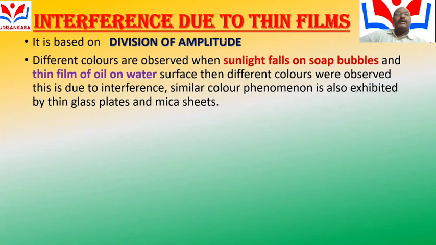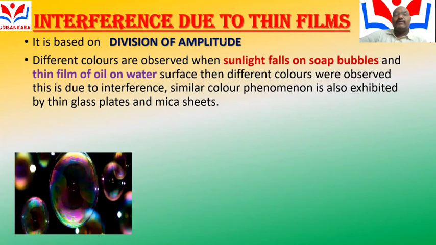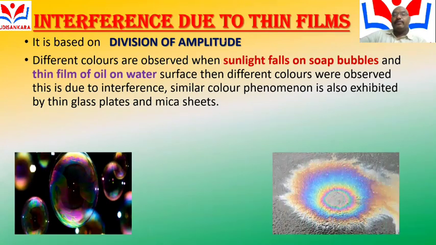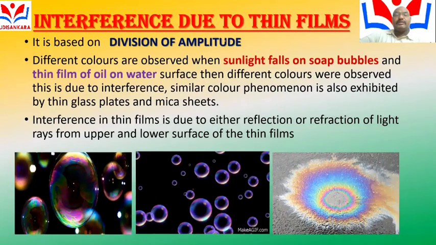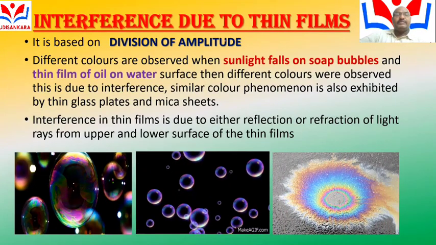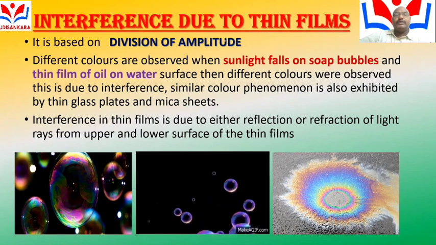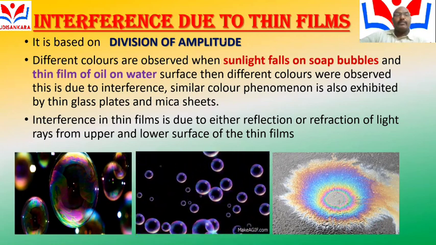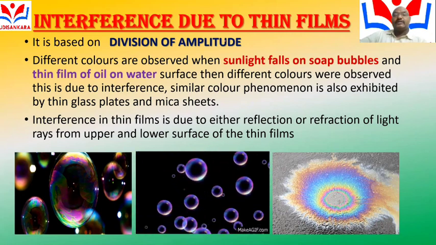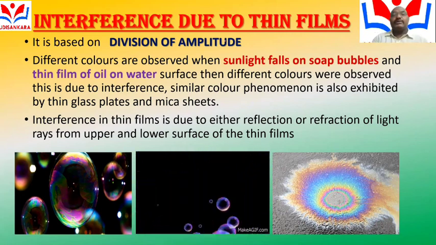My dear students, the best example of interference is the multiple colors of a soap bubble, or a floating oil film under sun radiation. These multiple colors are called visible colors or rainbow colors. Interference in a thin film is due to either reflection or refraction of light rays from the upper and lower surfaces of the thin film.